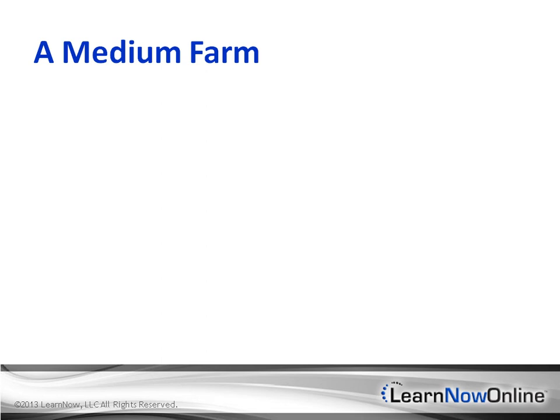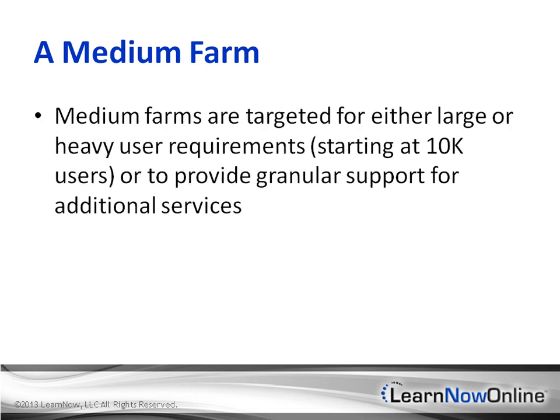When we talk about that, we talk about going up into the medium farm. Medium farms are targeted for either large or heavy user requirements. This is why the medium farms start at 10K as well. You look at what I just mentioned with the small farms are 10 to 20K. You see we've got an overlap of medium farms of 10K and up, because what the medium farm allows you to do is start breaking off some of those heavier loaded functionality into their own servers.